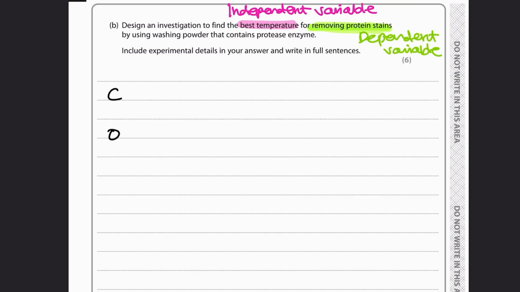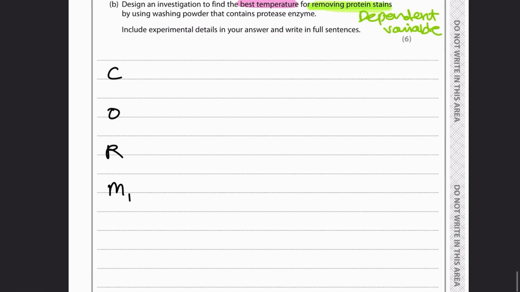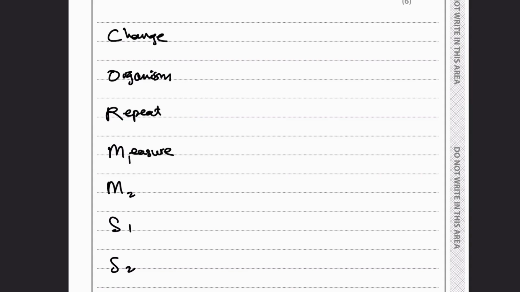CORMS stands for C-O-R-M-S, and there are usually two M's, M1 and M2, and two S's, S1 and S2. What these stand for is change, organism, repeat, measure, and then same, and same.